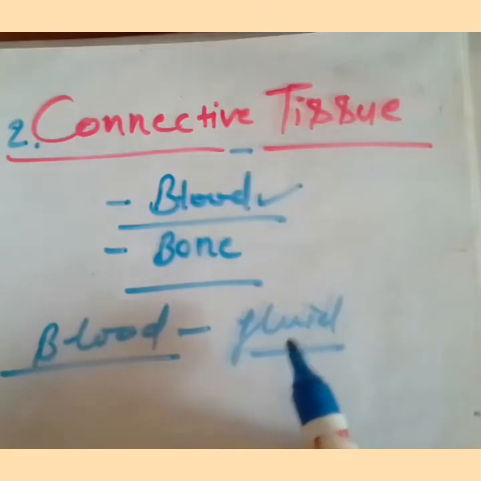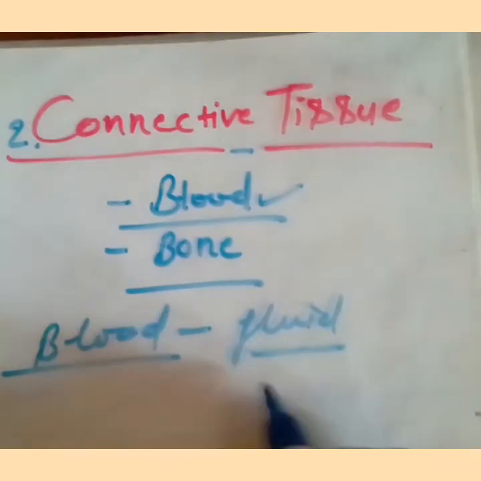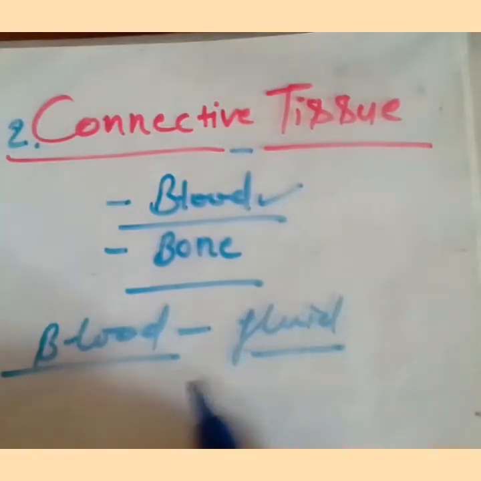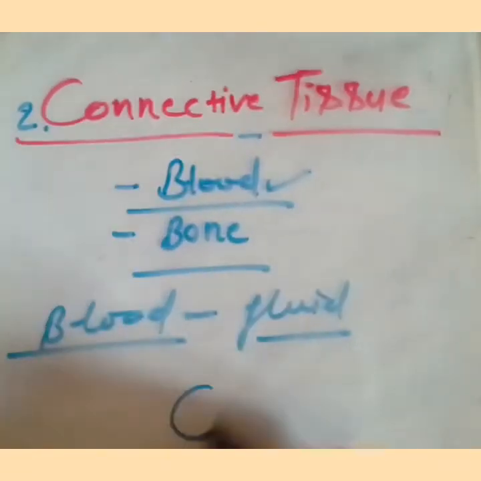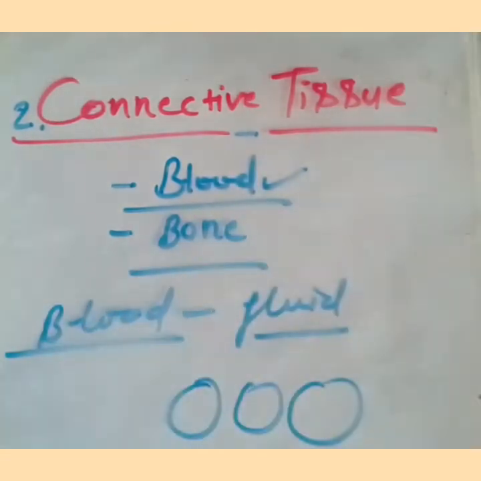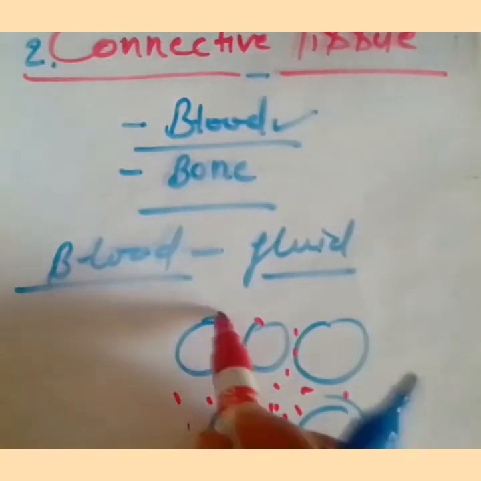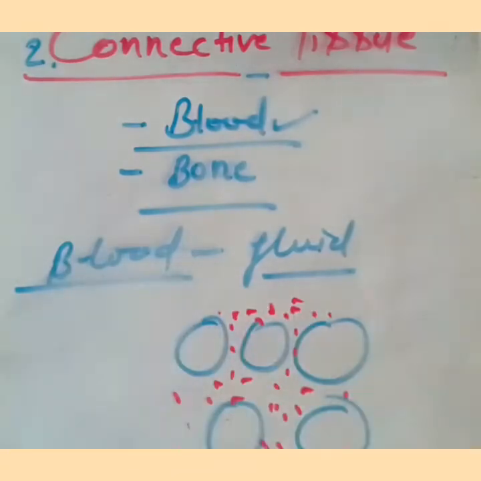We will study about this tissue in detail here, how the cells are, where they are. Now the cells of this connective tissue are placed in the intercellular spaces. What are intercellular spaces? The space between the cells is called the intercellular space.